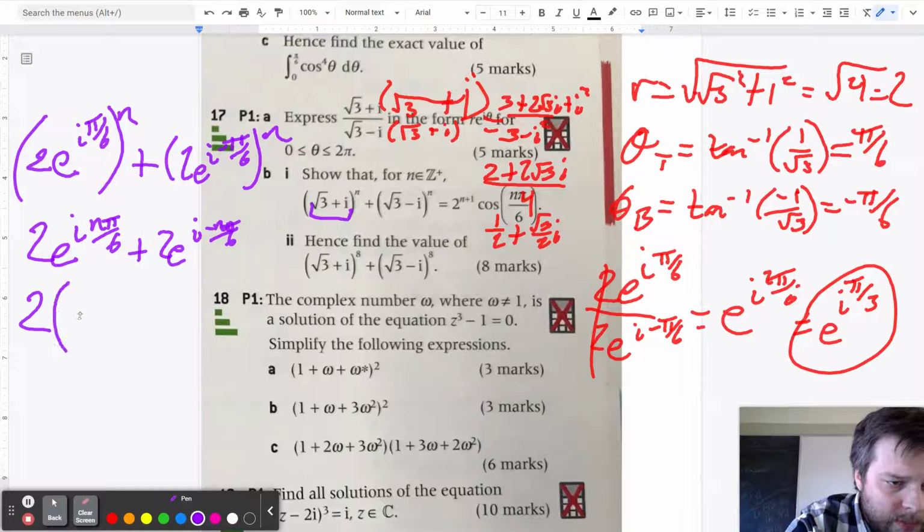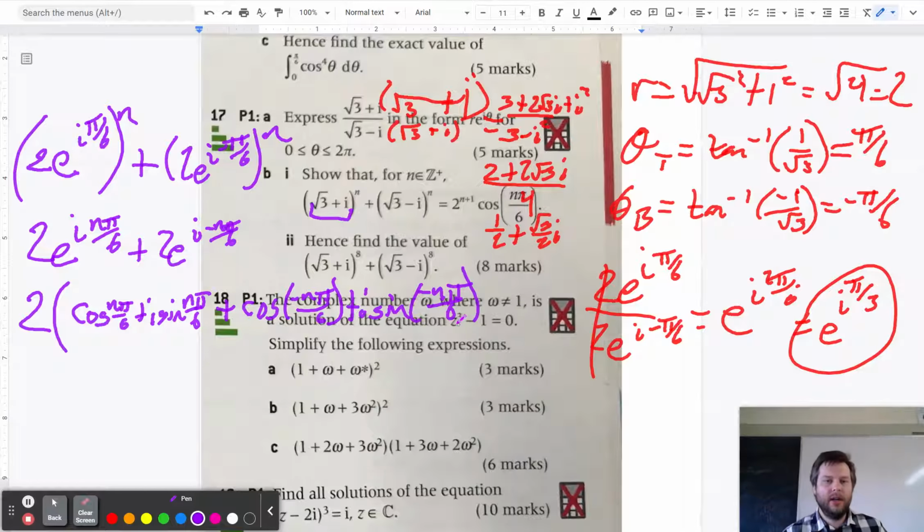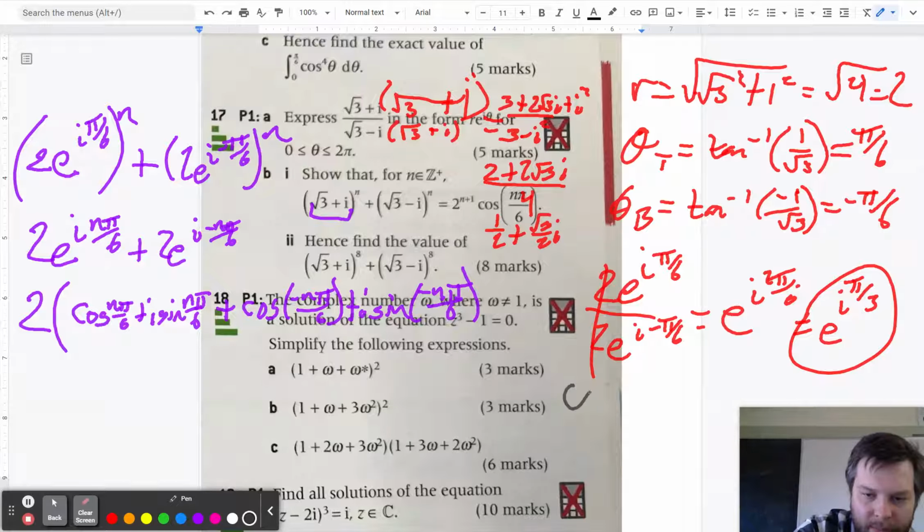So I have 2 times cosine of n pi over 6 plus i sine of n pi over 6, plus cosine of negative n pi over 6 plus i sine of negative n pi over 6. And the nice thing is, we should all have this down by now, that cosine of negative x is equal to cosine of x, and sine of negative x is equal to negative sine of x.